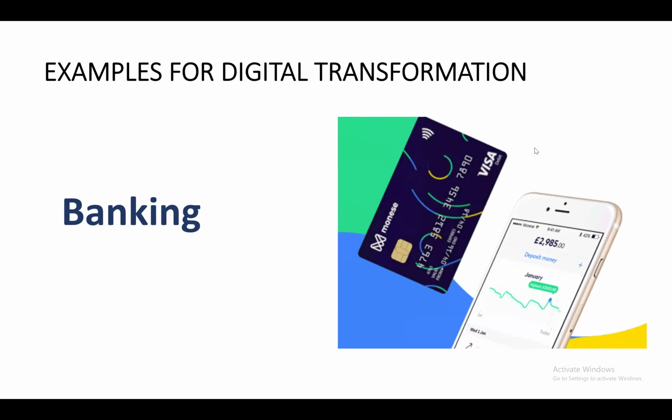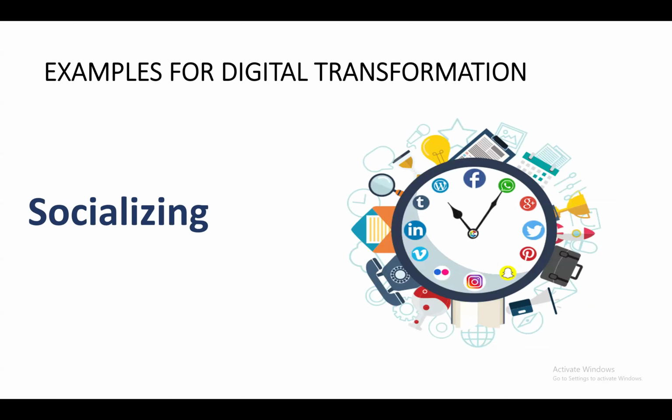If we want to socialize, we have a lot of options: Facebook, WhatsApp, Instagram, Twitter, Snapchat, you name it. Our Facebook company is going towards the metaverse. In the near future you can wear virtual glasses and go to another world. So socializing also has been digitalized now.